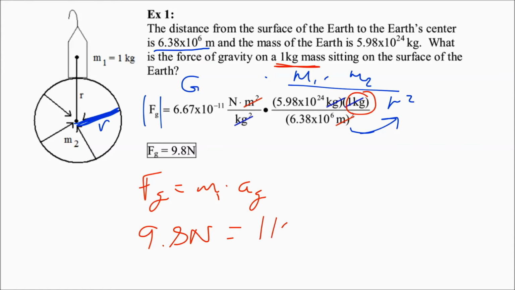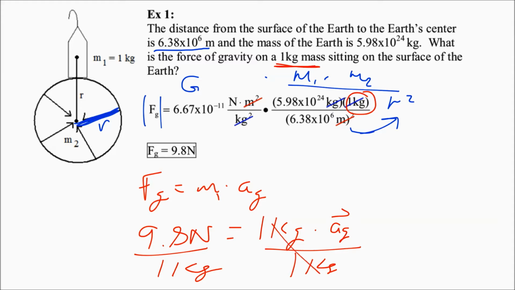So we would have 1 kilogram, and if we were solving for the acceleration due to gravity, we would just be dividing by 1 kilogram on both sides. So that cancels out, and then the acceleration due to gravity comes out to be 9.81 meters per second squared.